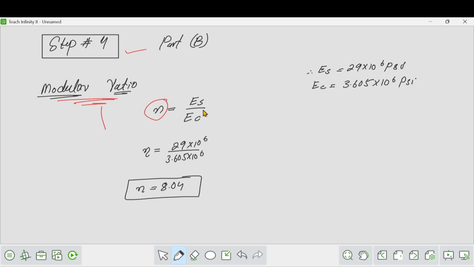Reinforcing steel has a modulus of elasticity of 29 × 10^6 psi, and we have calculated the modulus of elasticity of concrete, which is 3.605 × 10^6. Now we will plug in the values of Es and Ec. So the modular ratio is equal to 8.04. This is the transformed property of the steel.